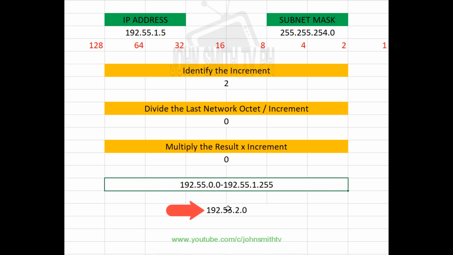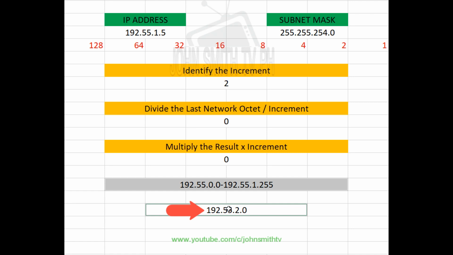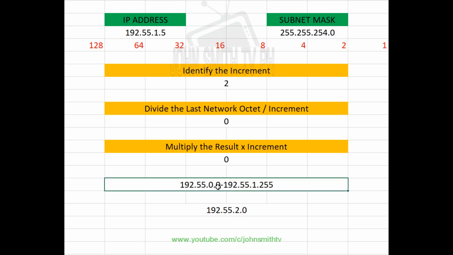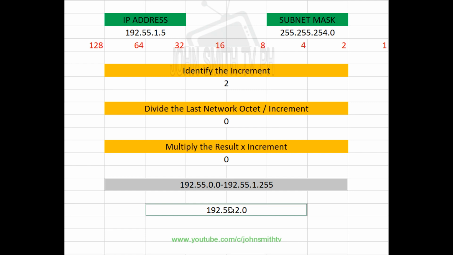So, paano yun? Kung ang pagkuha sa next network ay plus or ipa-plus mo yung increment mo, ang pagbalik naman sa previous network ay minus. So, kung ang papunta sa next network ay +2, para bumalik ka sa pinanggalingan mo, minus 2 ulit. So ngayon kung gusto mong bumalik sa previous pa, minus 2 ka ulit. So anong sagot natin?